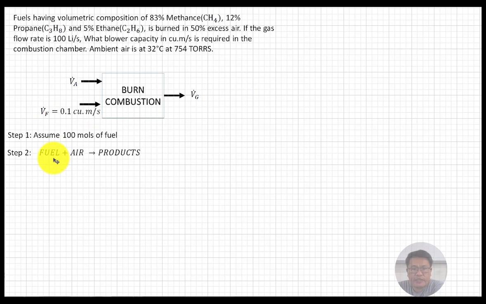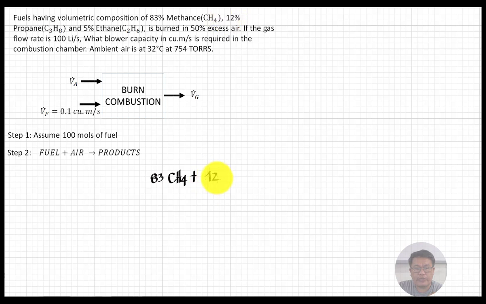So we're going to write out our fuel plus air. Then we have your products. So for our fuel, we have 83 that would be CH4. So if I'm going to write that, we have here 83 CH4. Then I'm going to add another, we have 12% of propane.